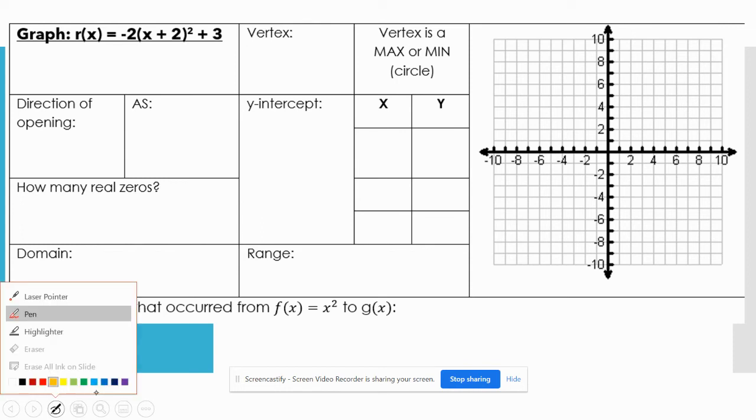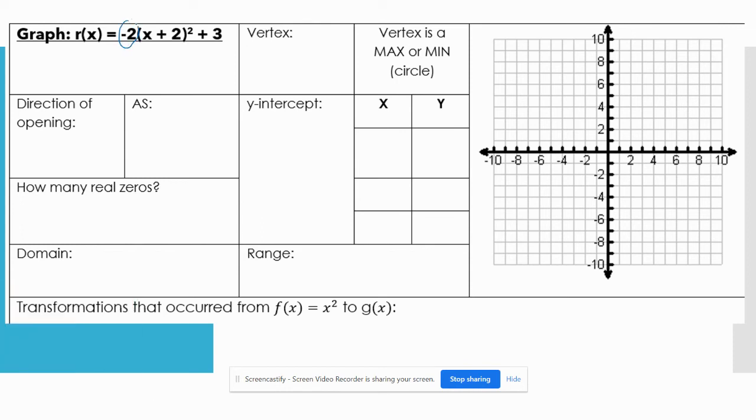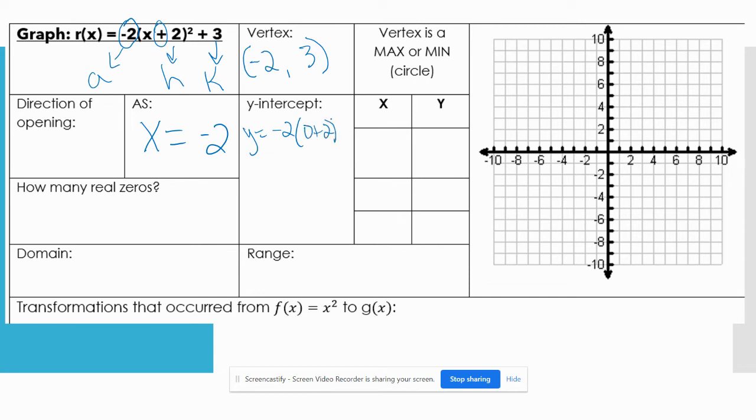All right. In this example, we have this a value in front, h, and k. Remember, our vertex is (h, k), and it's the opposite of this sign, so it's going to be -2, 3. That makes our axis of symmetry x equals -2. The y-intercept, we plug in 0 for x, so -2 times (0 + 2) squared plus 3.